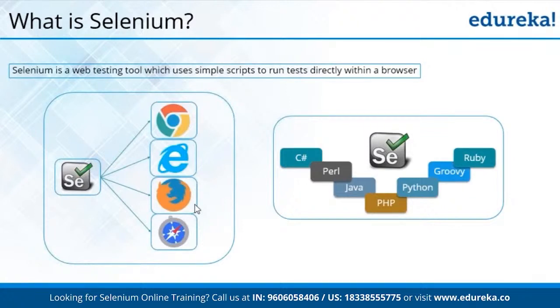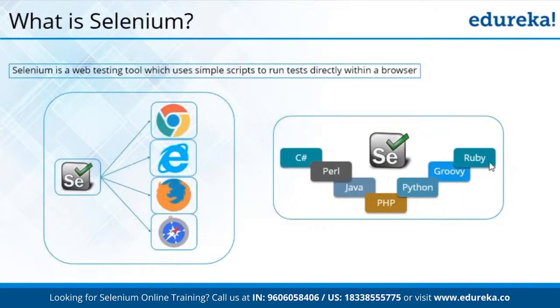So you can test on multiple operating systems using multiple browsers and multiple programming languages. You can use any one out of the list of languages like C#, Perl, Java, PHP, Python, Groovy, Ruby. All these programming languages help you to write your script.